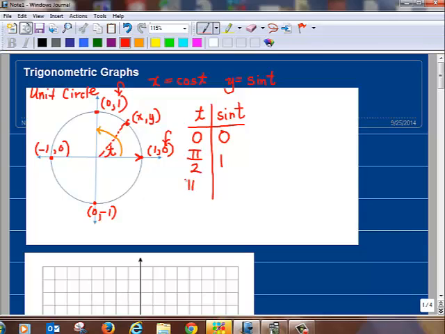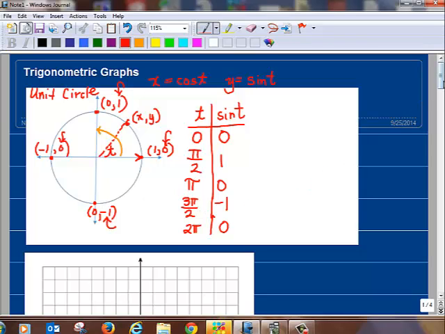If I continue around the unit circle to pi radians, the sine of pi is 0. 3 pi over 2 has a sine value of negative 1, as given by the y-coordinate. And then I'm back where I started at 2 pi with a sine of 0. So we call the sine function periodic because the values repeat every 2 pi radians, and we say the period of this function is 2 pi.